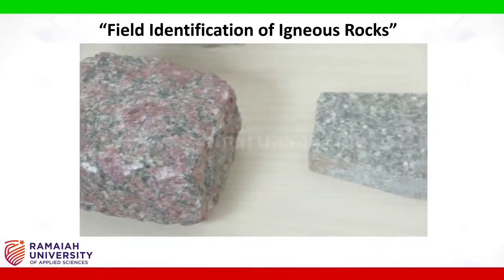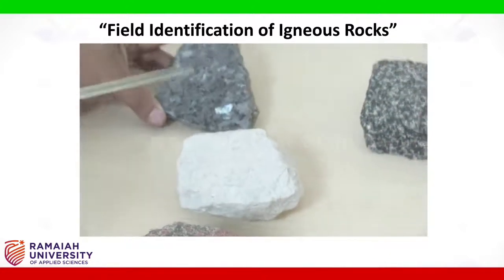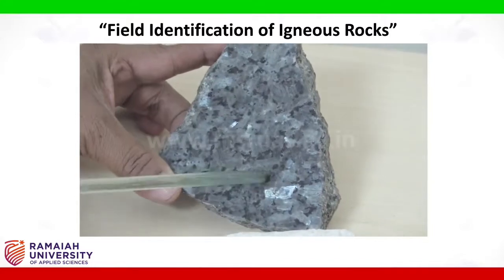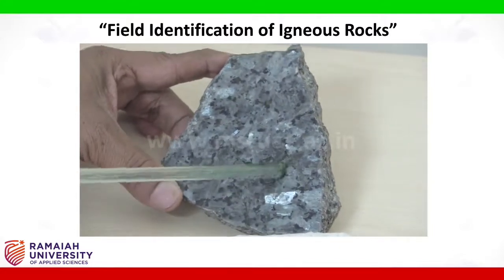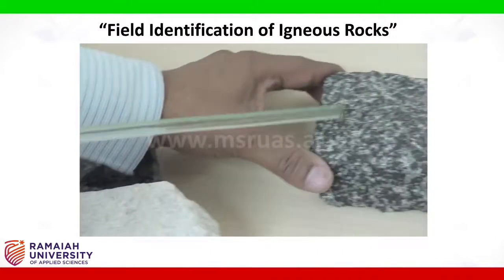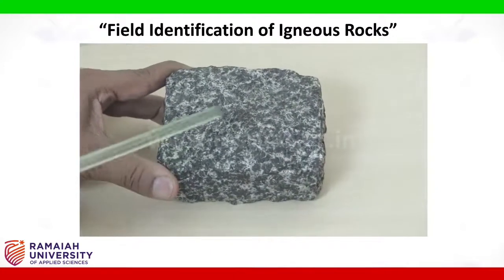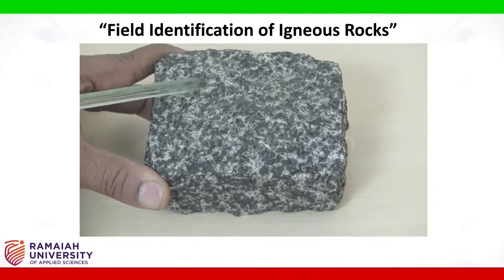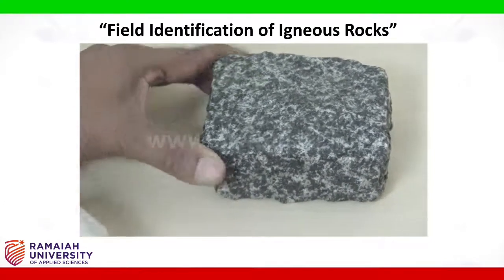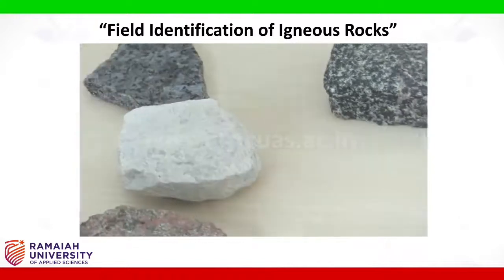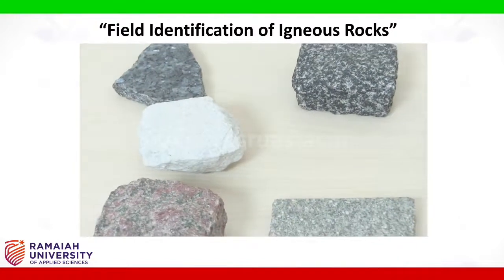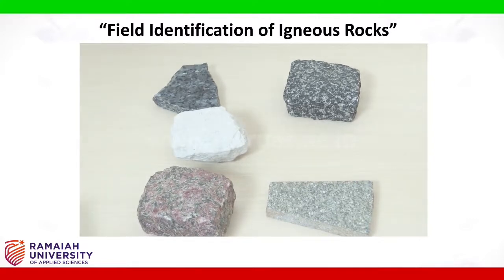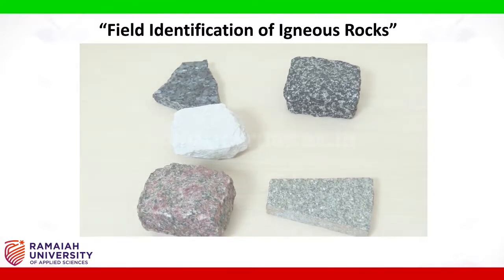Likewise, this is a rock called anorthosite, which consists of relatively coarse grains of feldspar. Here, this is a gabbro. It consists basically of feldspar and plagioclase. Plagioclase is in shades of grey and white. Likewise, minerals that can be identified with the naked eye or at most with a hand lens, such rocks are categorized as phaneritic rocks.